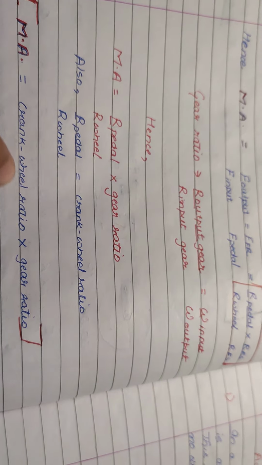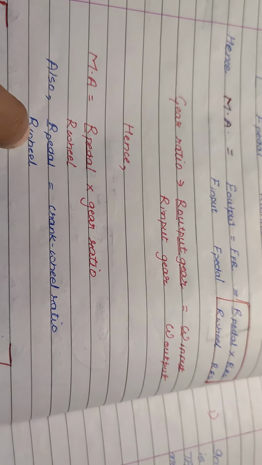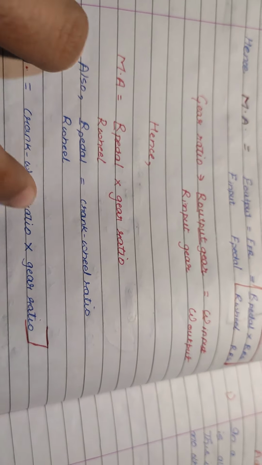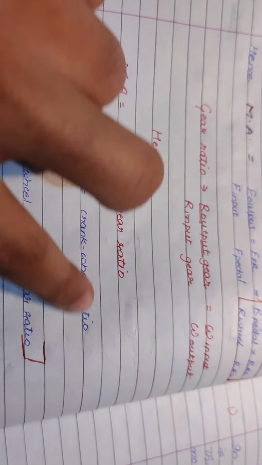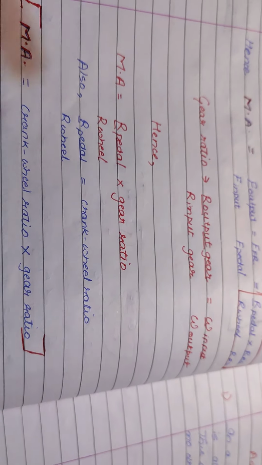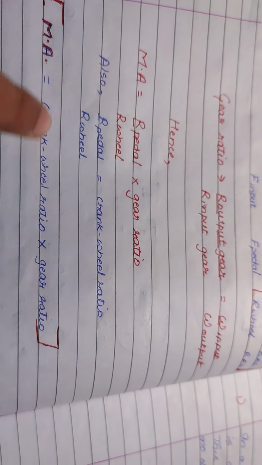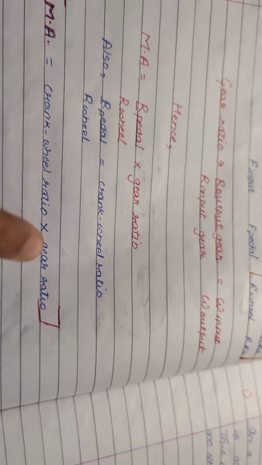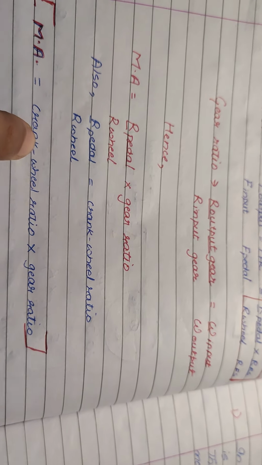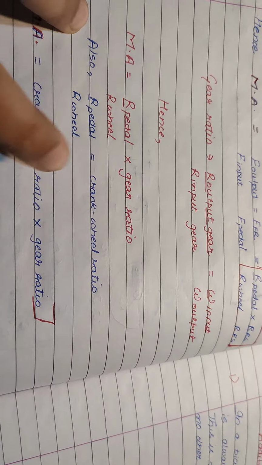But as far as the crank wheel ratio, which is the ratio of the length of the pedal and the radius of the wheel, it is highly unlikely that this is going to be greater than 1. So most of the time both your gear ratio and crank wheel ratio are lesser than 1, and your mechanical advantage is also lesser than 1. Even if your gear ratio is greater than 1, because the crank wheel ratio is lesser than 1, the mechanical advantage most of the time remains lesser than 1.